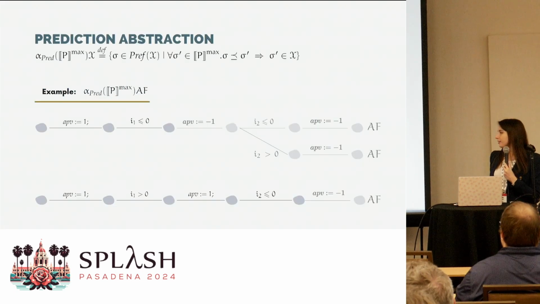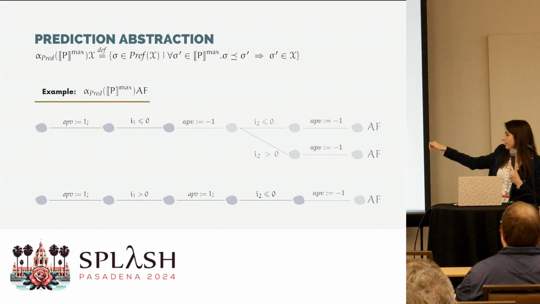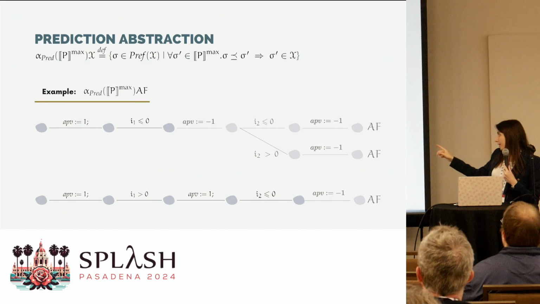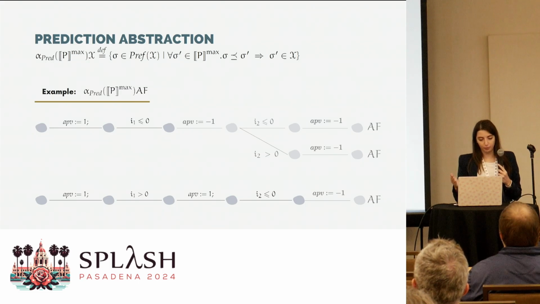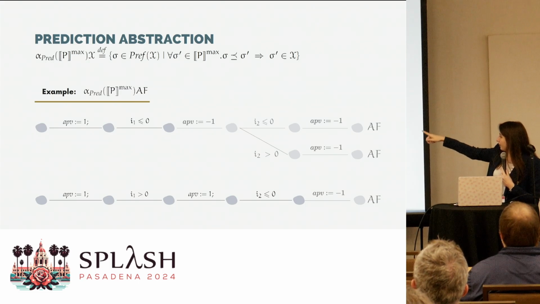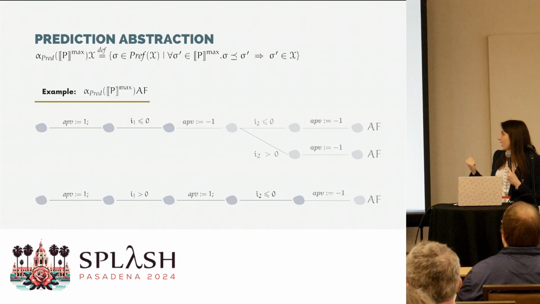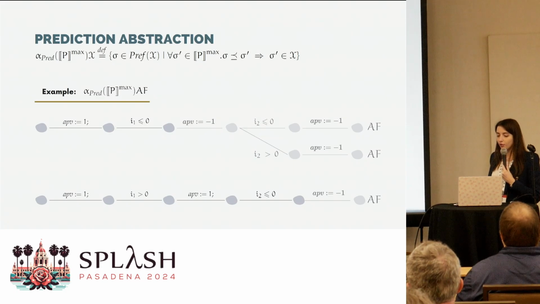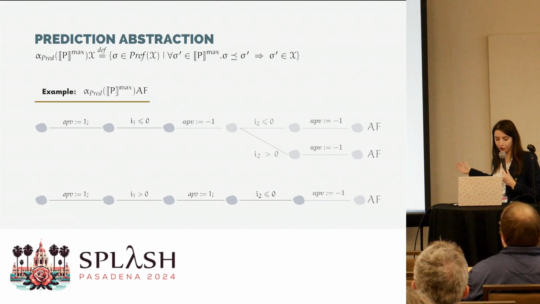The prediction abstraction is a function that, given a behavior, selects all the prefix traces that guarantee that specific behavior along all their prolongations. So, for example, the first trace that we can see, where the first administrator takes a value less than or equal to 0, grants the access failure behavior along all of its prolongations.